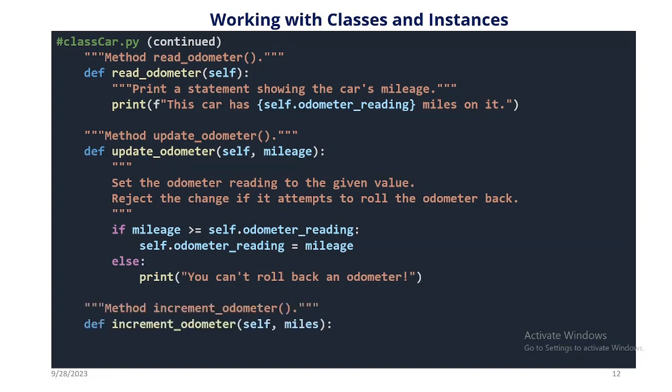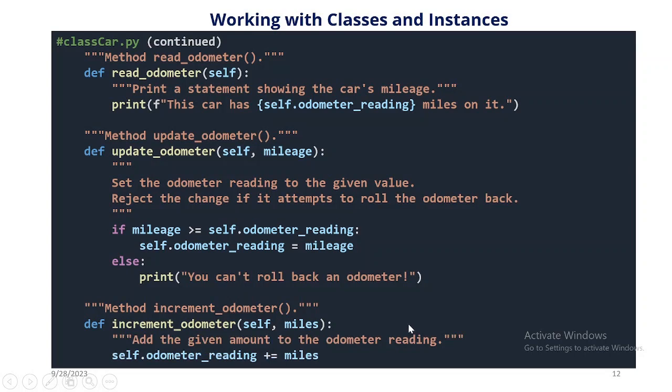So we create a new method called increment_odometer. Now what this does is increment by adding the new miles value that you put in this method to what was previously in the odometer reading.